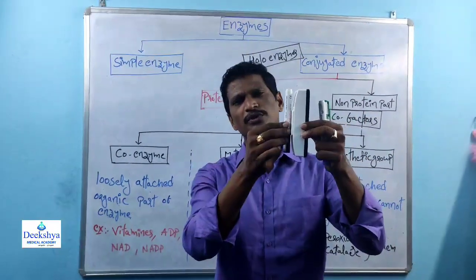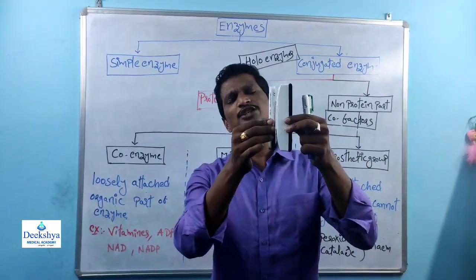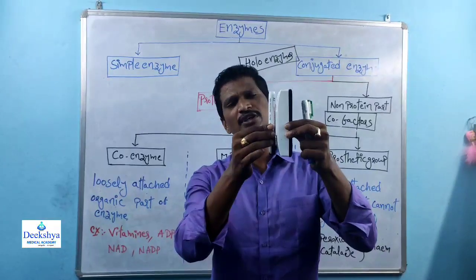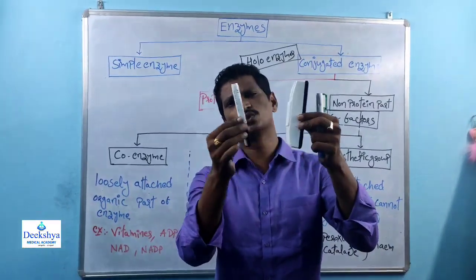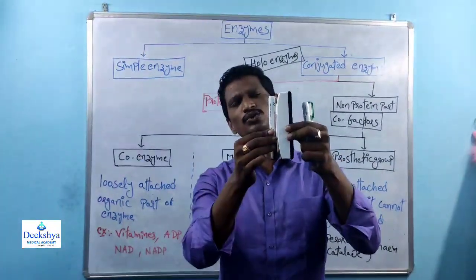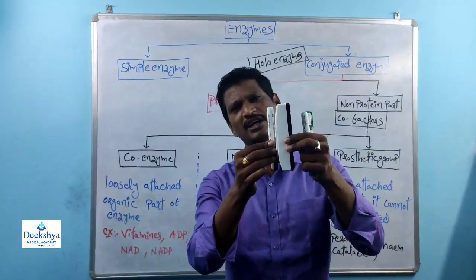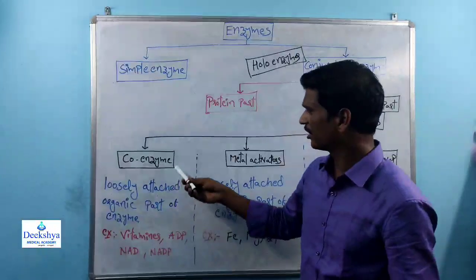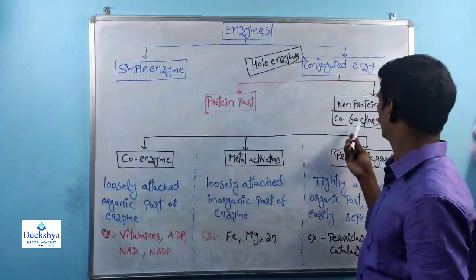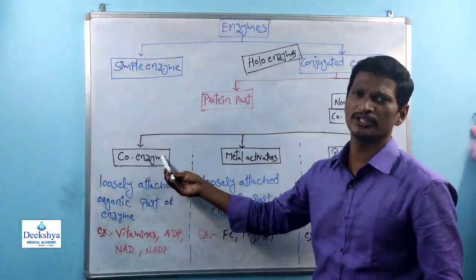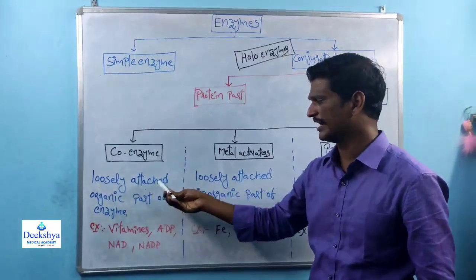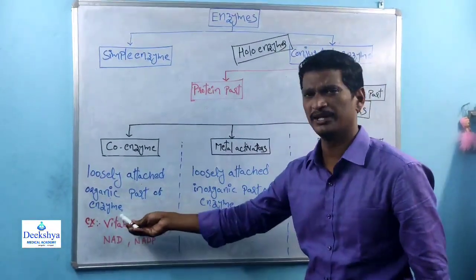Between these two there is an attachment, but that attachment is not permanent, it is loose. That kind of cofactor is called a coenzyme. Coenzymes are loosely attached organic parts of an enzyme.